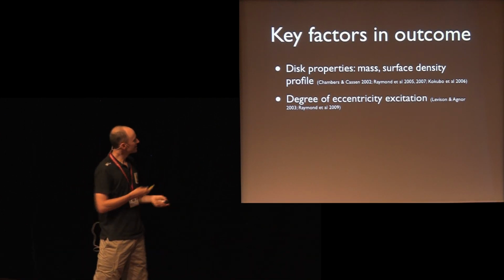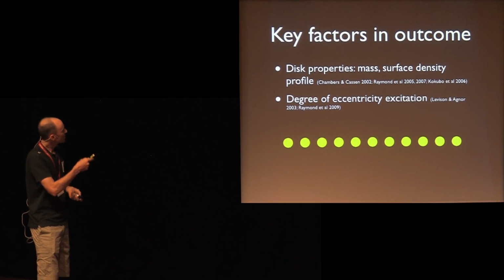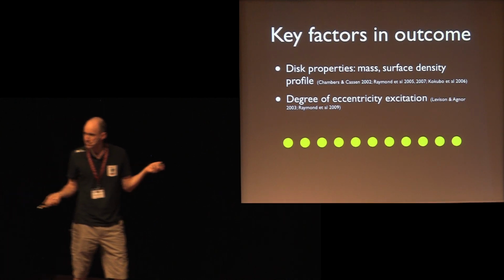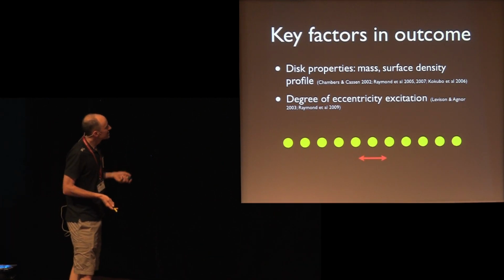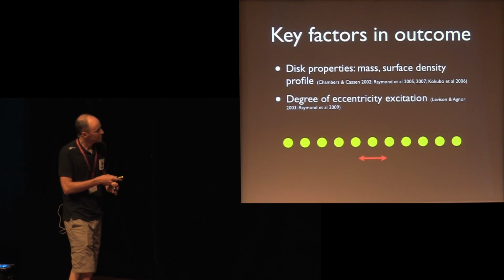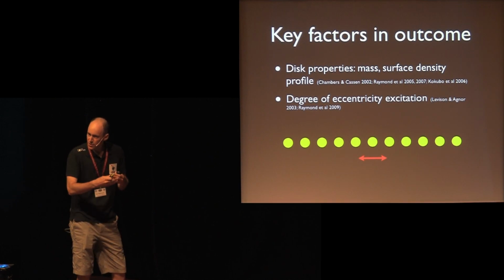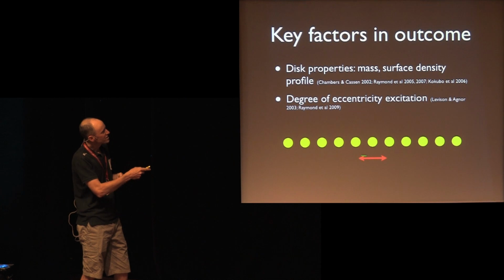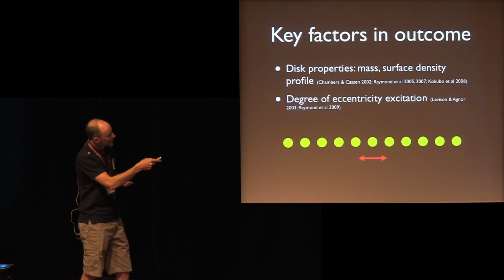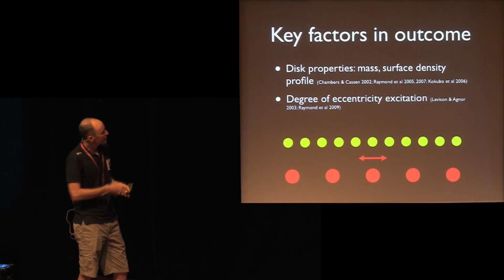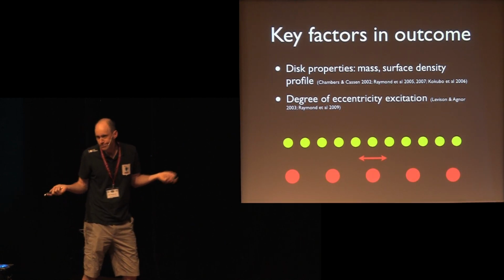And why this one? Well, imagine you have a population of planetary embryos. If the typical eccentricity of this guy right here is relatively small, so over the course of an orbit, its radial excursion goes about this far, well, then I guess it can bash into these guys, but it can't bash into those other guys. So you're going to form something that looks maybe something like that.